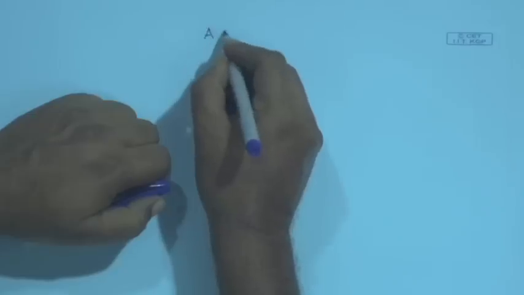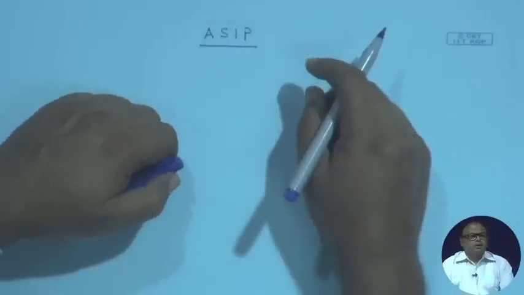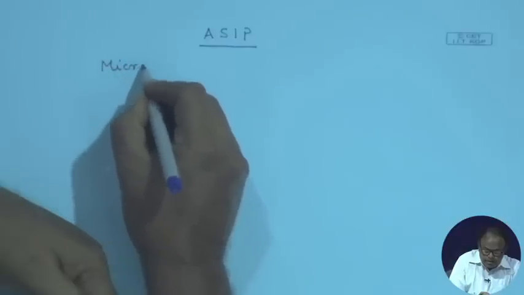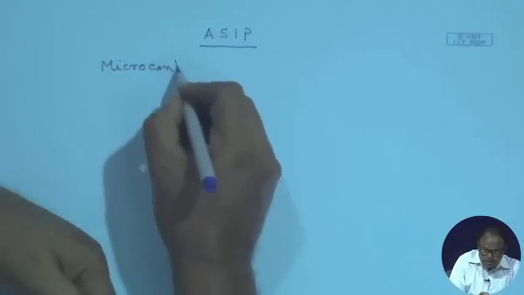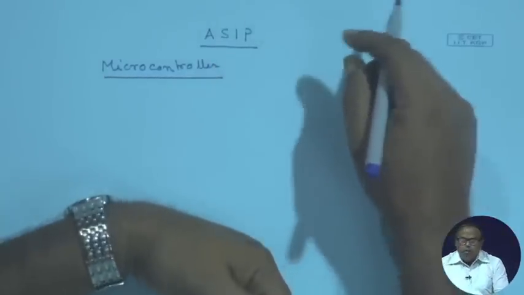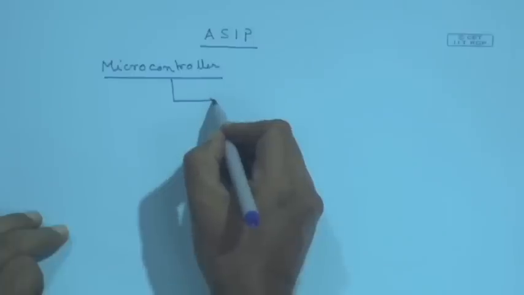Next, let us come to ASIPs. The most common ASIPs, meaning application specific instruction processors, the most common ASIP is a microcontroller. Now, a microcontroller can be considered as an ASIP. What is there in the microcontroller?